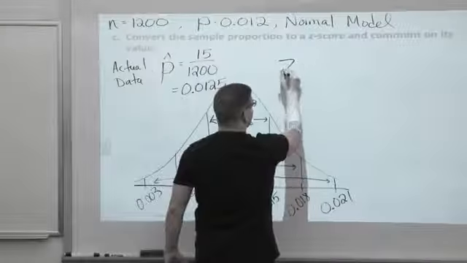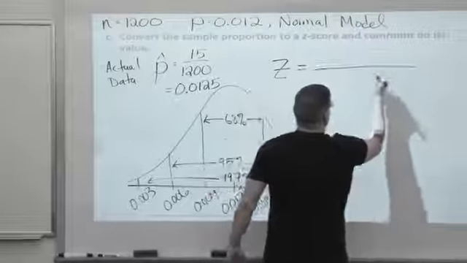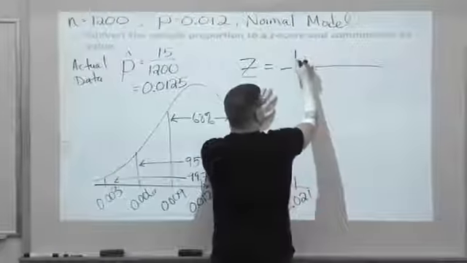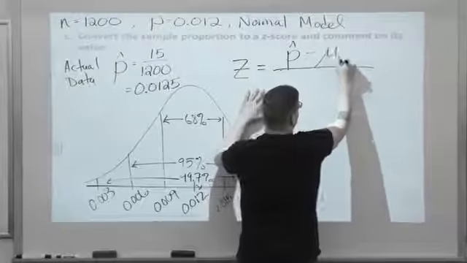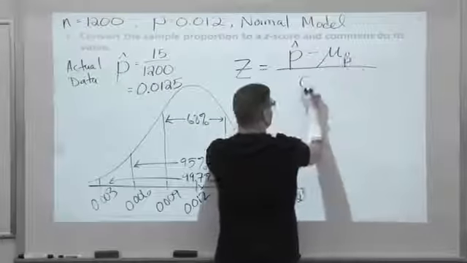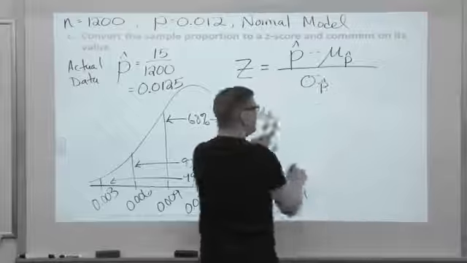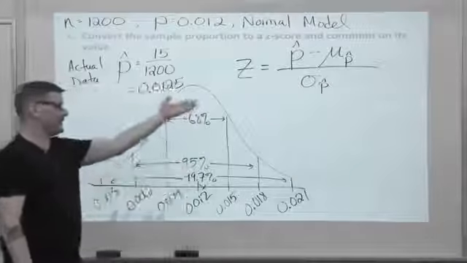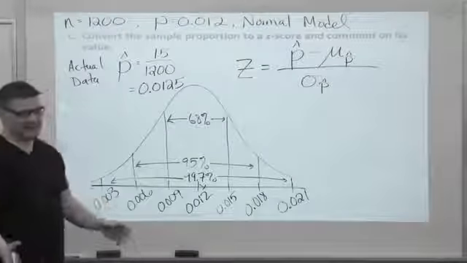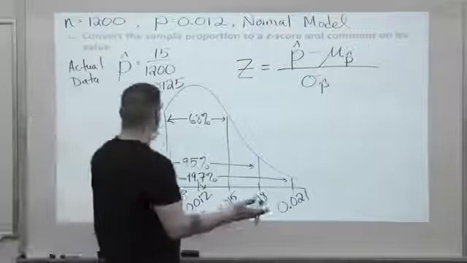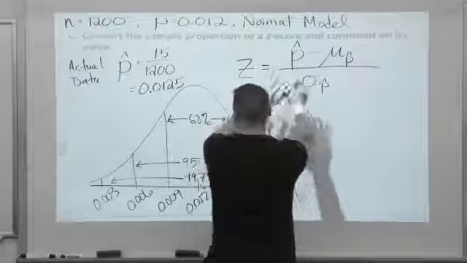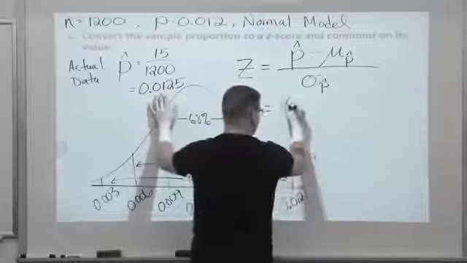So the z, with symbols this time, I'm going to take my p-hat, I'm going to subtract off the mean of p-hat, and I'm going to divide by the standard deviation of p-hat. So the z is the same z you've been working with, it's just the symbols are different, the ideas are the same. So plug and chug, take the p-hat, we'll work with decimals.